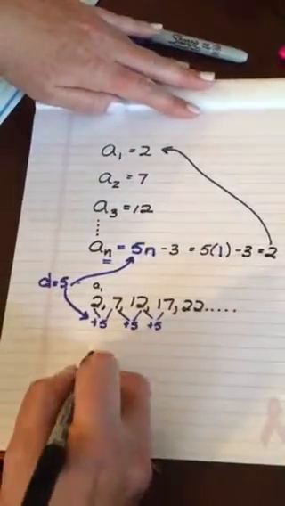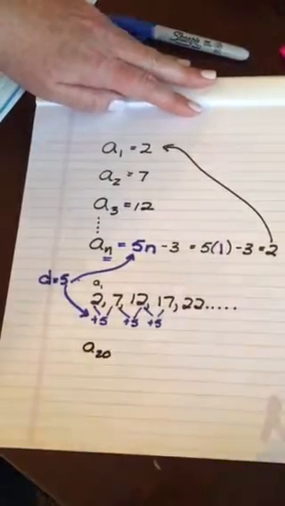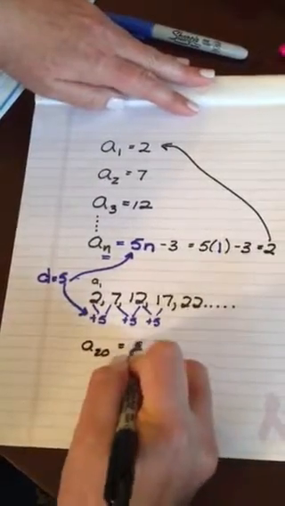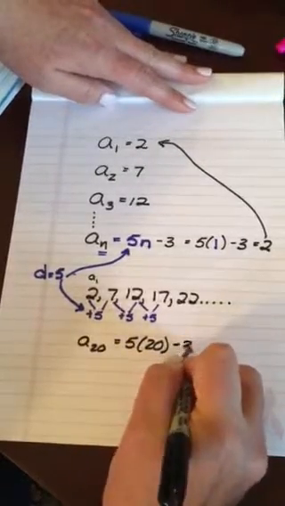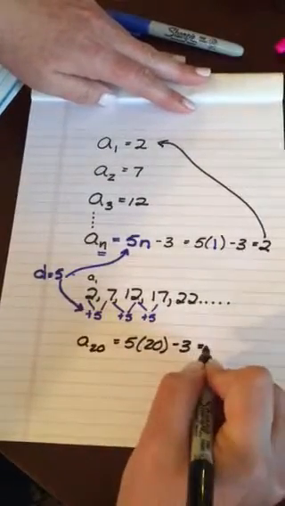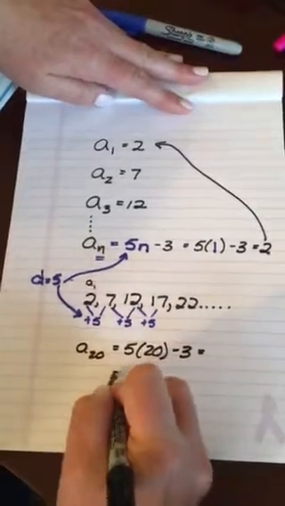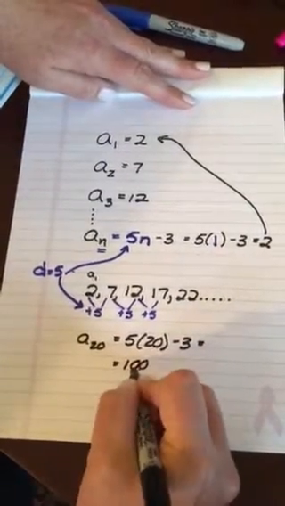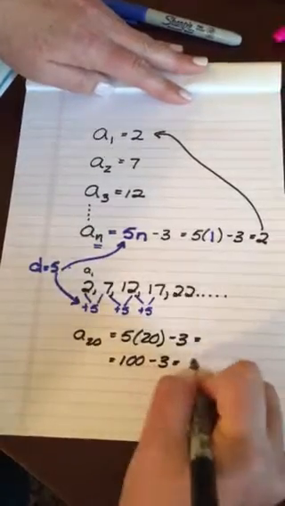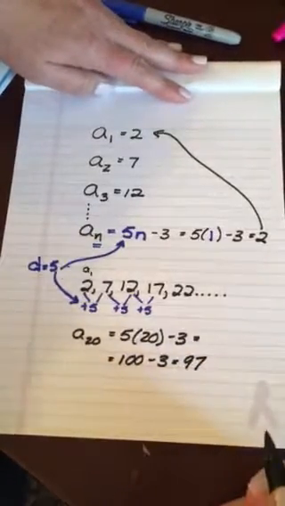So if I were asked for the 20th term, I would just have to go 5 times 20, take away 3. That would equal, I'll put it down here, 100, right? 5 times 20 is 100. Take away 3, so the answer will be 97.